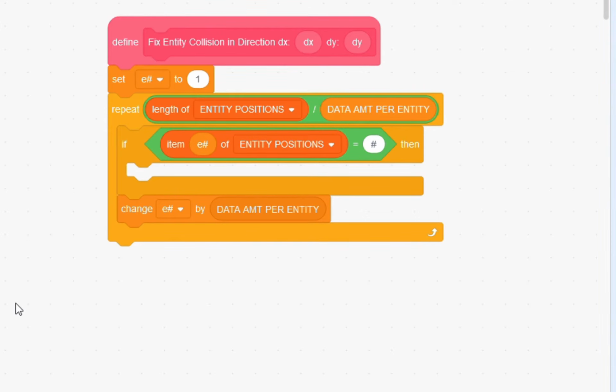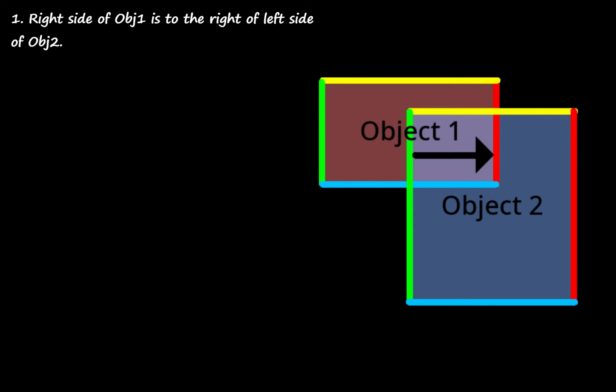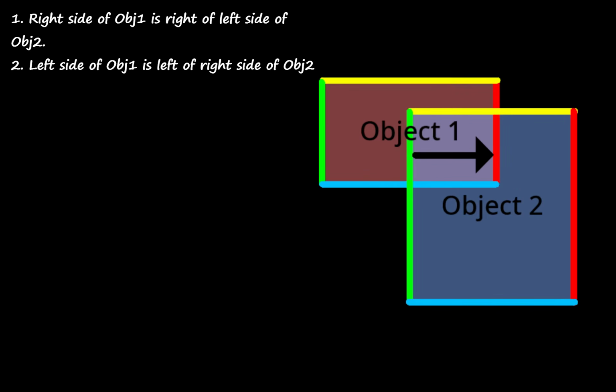Let's talk about how we know if we've collided. 4 things need to be true. Number 1, the right side of object 1 needs to be to the right of the left side of object 2. Number 2, the left side of object 1 needs to be to the left of the right side of object 2.